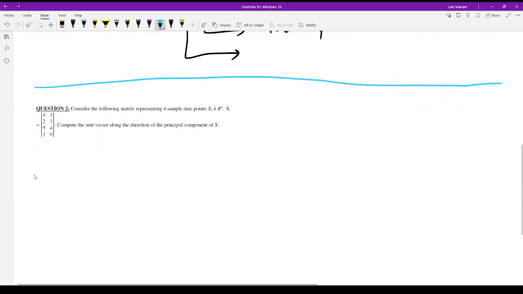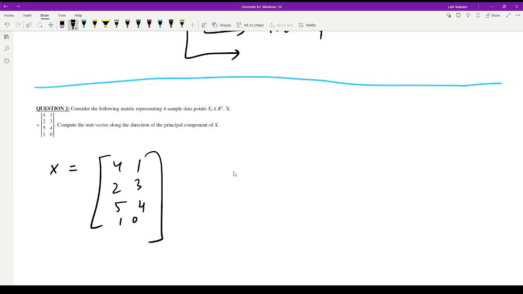Okay, so let's start. We have this data given as row vectors. So what is the mean of this data? Mean is nothing but you add the elements of the rows and then divide by 4 for this specific case.